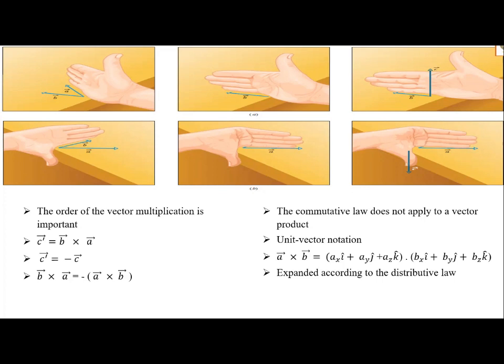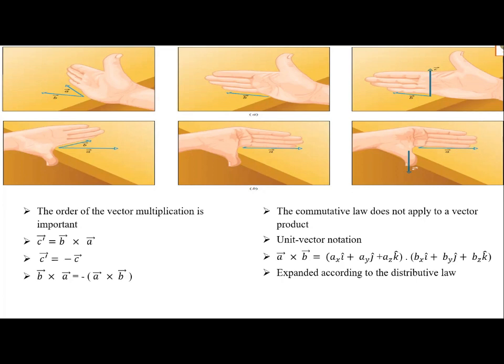The thumb ends up in the opposite direction from previously, and it must be that C prime is equal to minus C, and B cross A is equal to minus A cross B. In other words, the commutative law does not apply to a vector product.